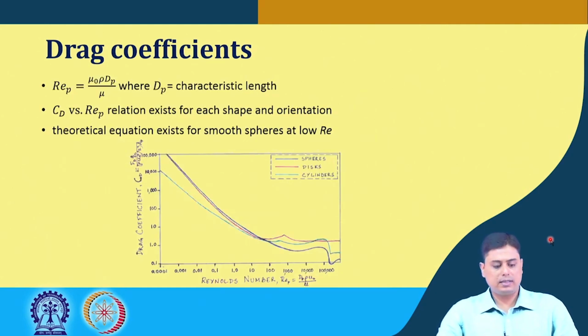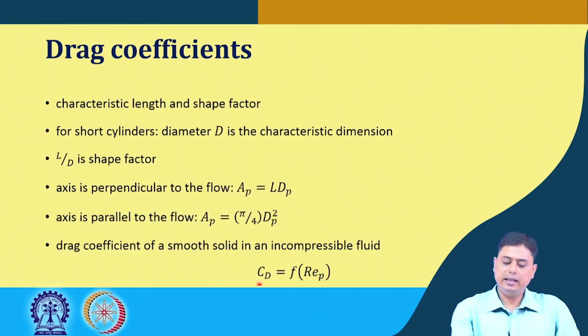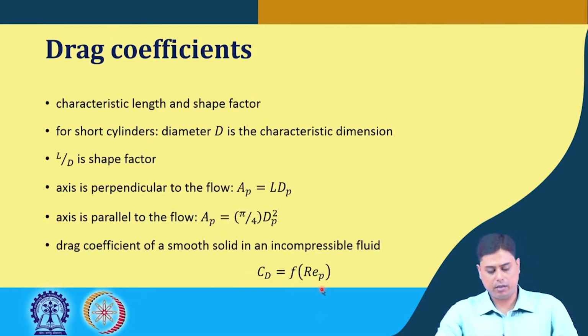The drag coefficient CD, as I said, is a function of the particle Reynolds number. P stands for the particle.